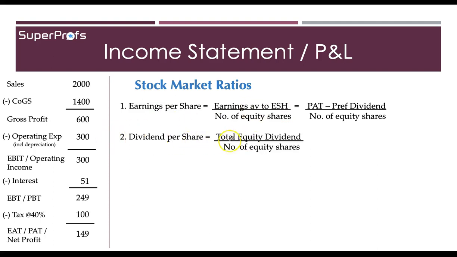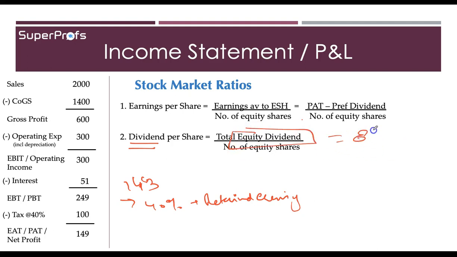Next is dividend per share. In this, you calculate the total equity dividend divided by the number of equity shares. In our example, we had calculated that after 143 lakh rupees, we had taken 40% in our retained earnings, and therefore the equity dividend that was left was 86 lakh rupees.